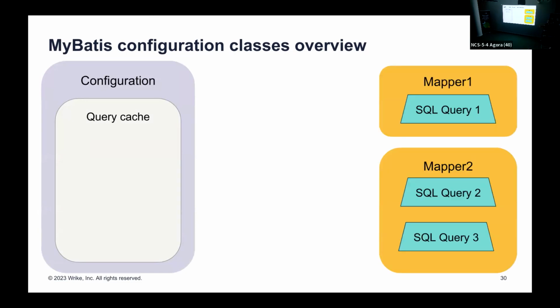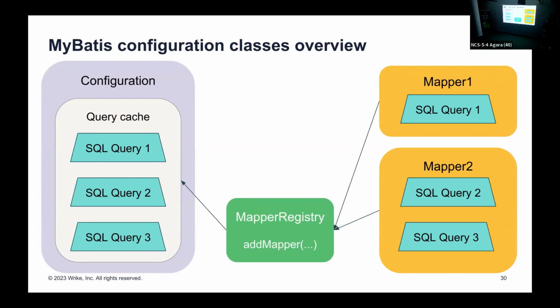And on the other side, we as users specified several mappers with the SQL queries, and now we want to fill this query cache with our SQL queries. We do it through the so-called mapper registry, which has an add mapper method.